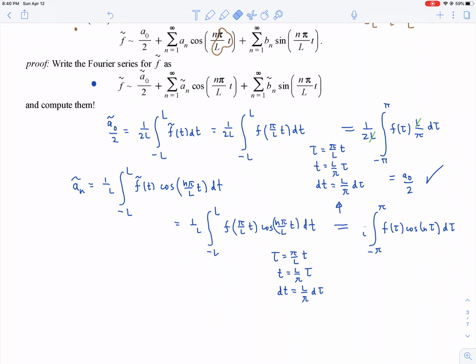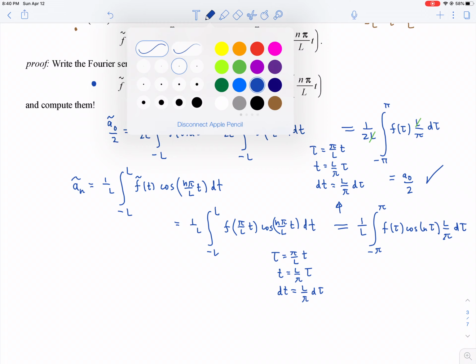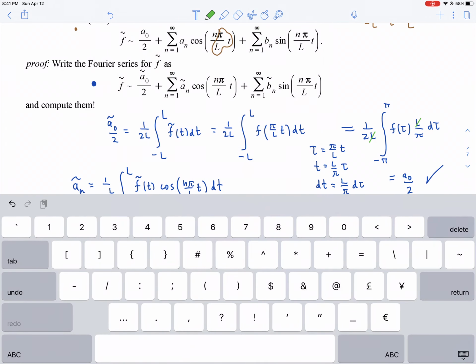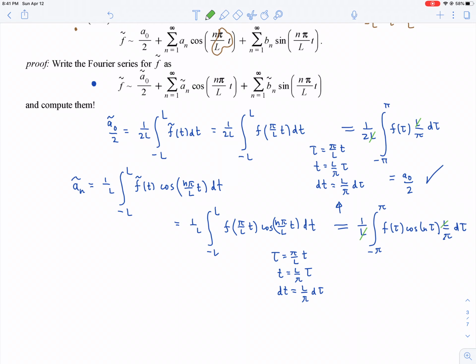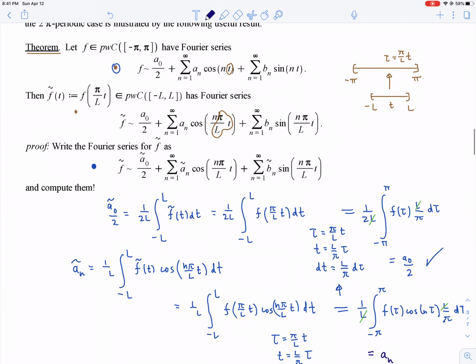So what you really had was 1 over L, the limits changed, and multiplying the d tau was the L over pi. Okay, so after you canceled the L's as above, you got the original Fourier cosine coefficient for the 2 pi periodic function.